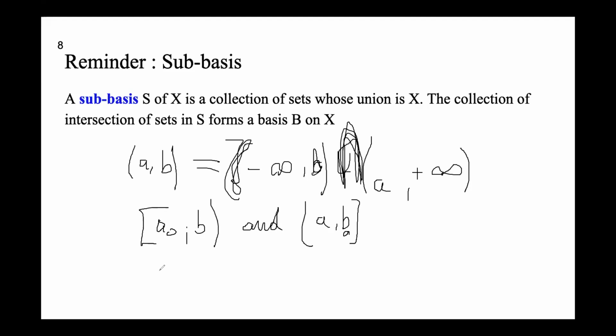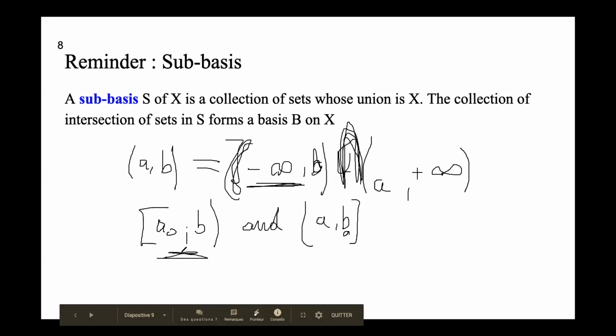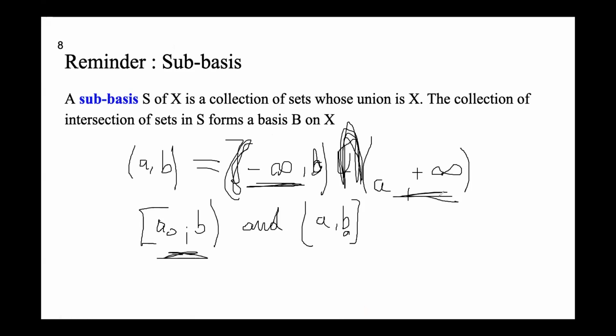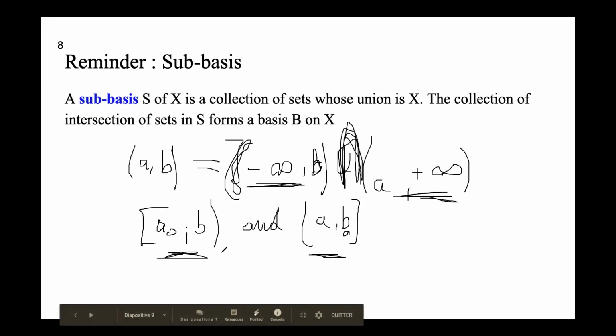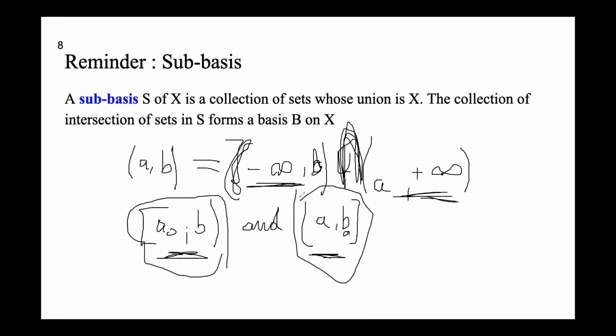Because we just showed that if X has a smallest element, for example, then this set here will be equal to this one. If it has a biggest element, then this set here will be equal to this one. So these are open rays, and these are open rays, and this is equal to a union of open rays.